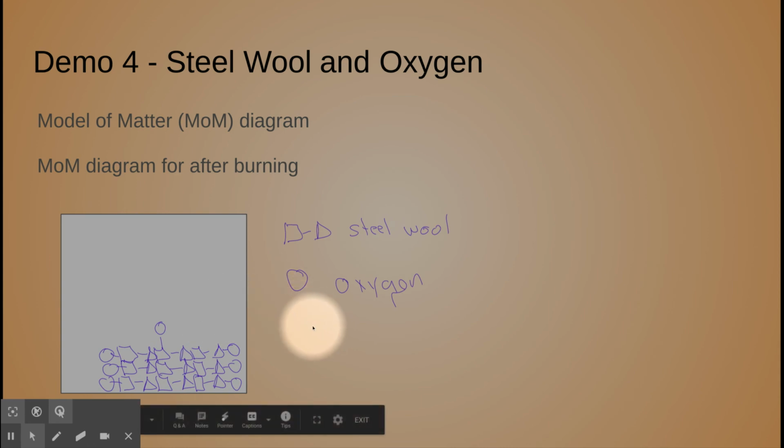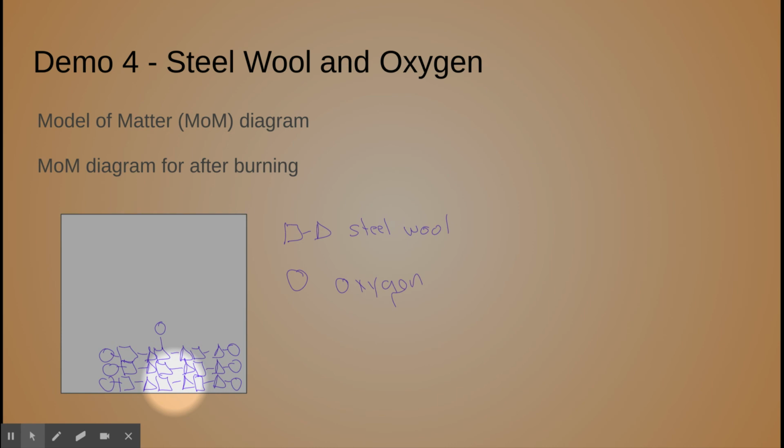So the way I've shown this is, again, in the center here, I still have all my steel wool, but on the outside, I've added oxygens. I made sure I just added one to each one. And there's a couple steel wools in there that aren't changed because they aren't exposed to the oxygen. So not every particle of steel wool has changed.